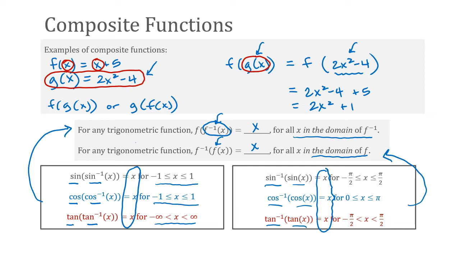And earlier we said that the domain of f for sine is going to be from -π/2 to +π/2, including those values. For cosine, it's going to be between 0 and pi, including those values. And for tangent, it's going to be the same thing as sine, only it doesn't include the -π/2 and the +π/2.